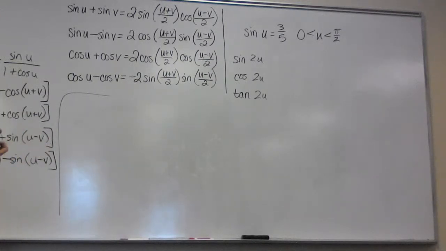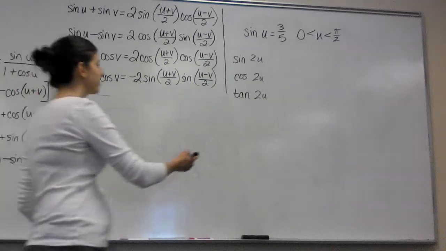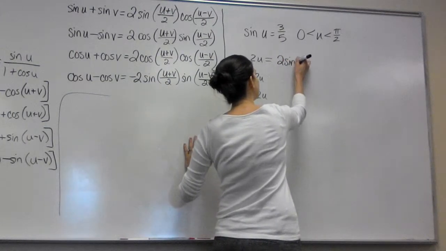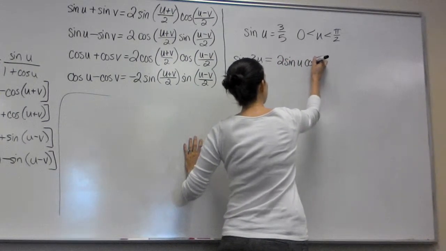So the sine of 2u, we have a formula for that right here. Same for the cosine of 2u and the tangent of 2u. I'm going to write down this formula for sine of 2u. Sine of 2u is supposed to equal 2 sine u times the cosine of u.